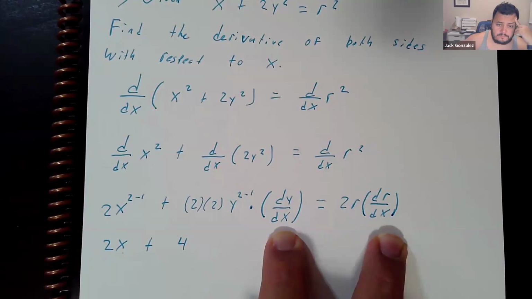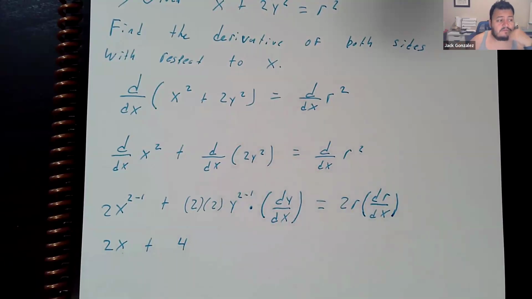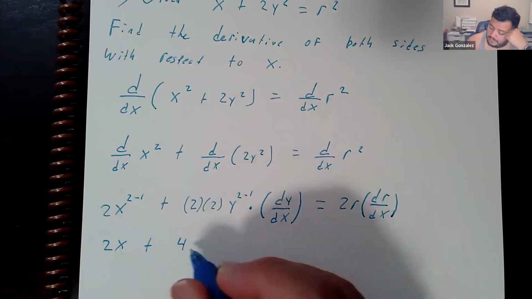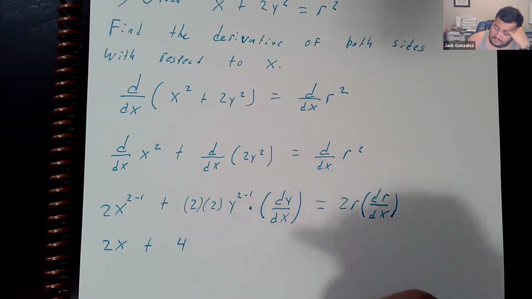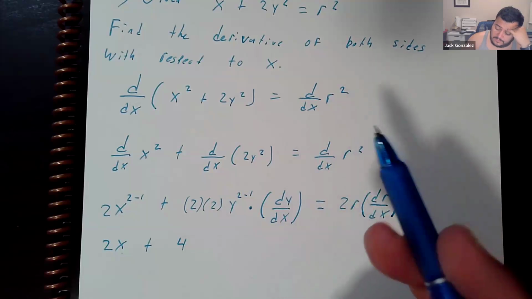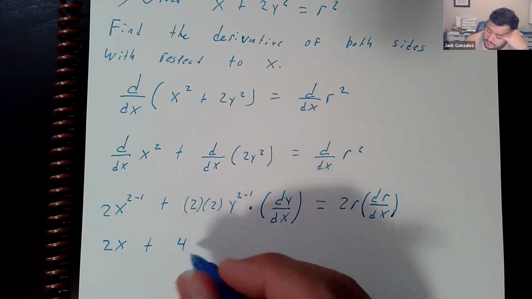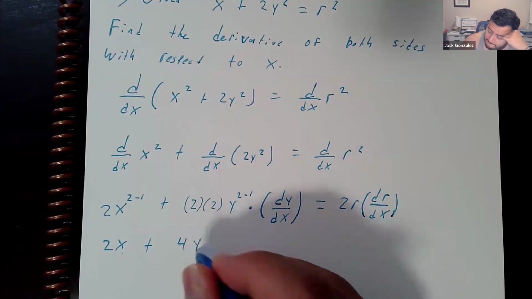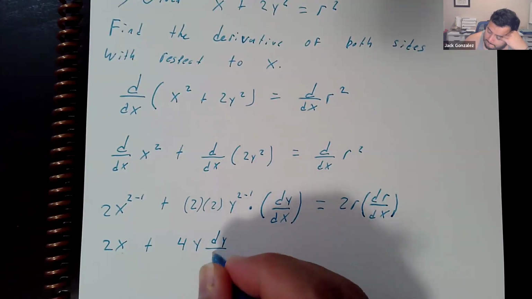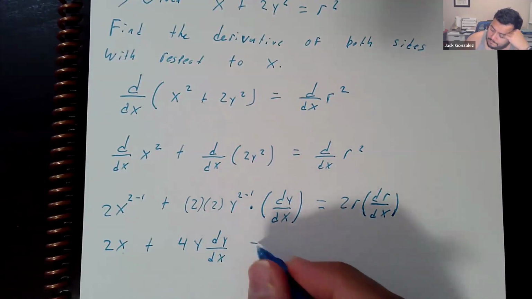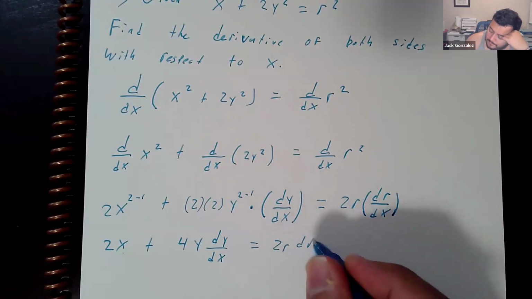Once that's done, then you can solve for whatever they're asking. Okay. So right now they didn't ask for anything except take the derivative with respect to x. That's all they said. So this will be, and we're done, right?